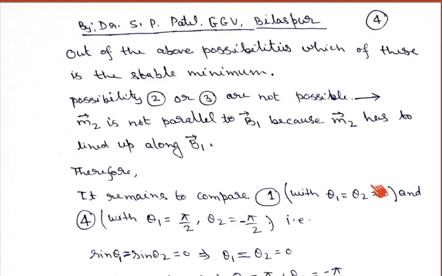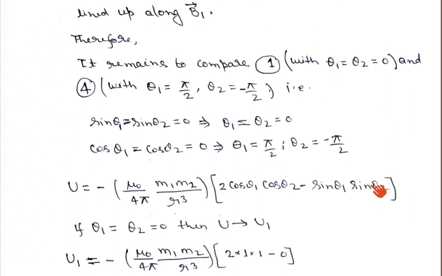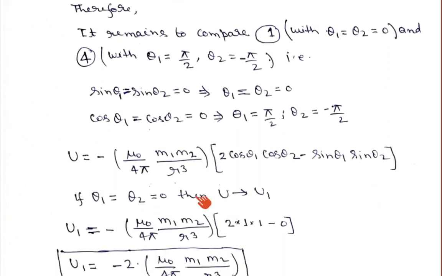Consider the first case, when theta 1 is equal to theta 2 is equal to 0. Let us call this first configuration energy U1. U1 is equal to minus mu 0 upon 4 pi, m1 m2 upon r cube, in brackets 2 cos theta 1 cos theta 2, that is cos 0 is 1, so 2 into 1, minus sin theta 1 sin theta 2, and sin 0 is 0.